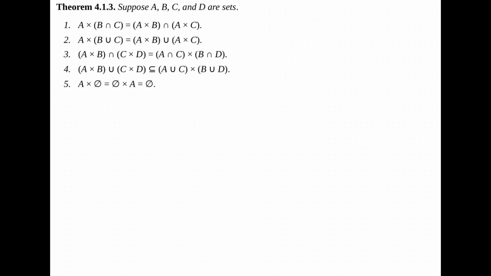So next we are going to consider the following theorem. And so this tells us the properties of how the Cartesian product relates with intersection and unions of sets. So if we have A, B, C, and D are sets, the first statement tells us that if we take the Cartesian product of A with an intersection of B intersect C, that is the same as A cross B intersect the Cartesian product of A and C. Similarly, we have the statements from 2 through 5.